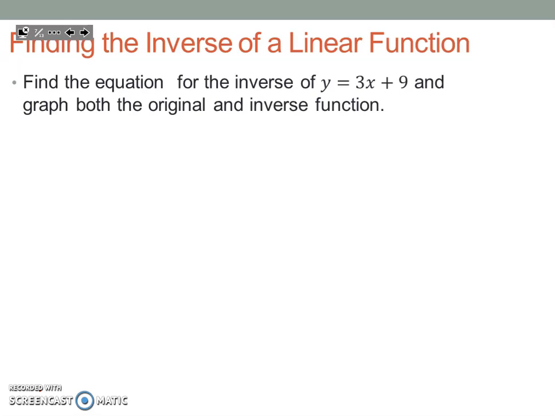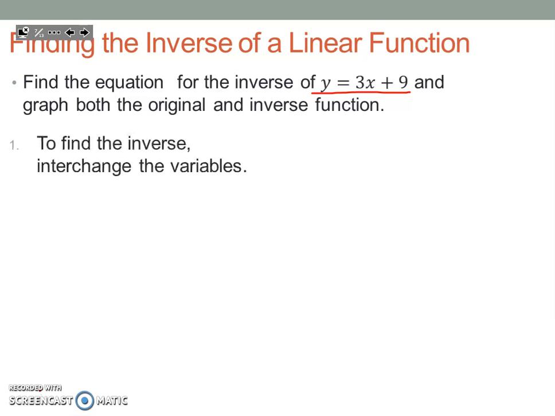All right, so if we are given an equation, y equals 3x plus 9, and I need to find the inverse of this function, my first step is the most important step when finding inverses. I need to switch my x and y's. So instead of y equals 3x plus 9, I have changed my x and y's position.